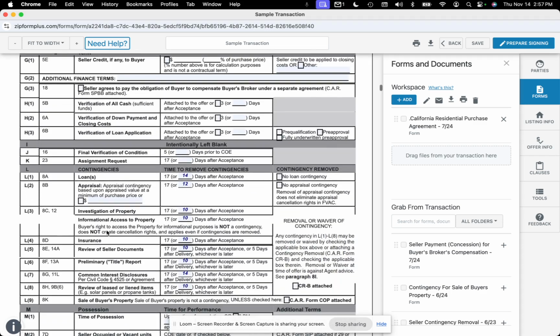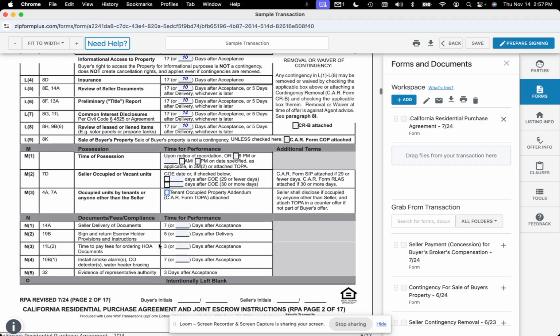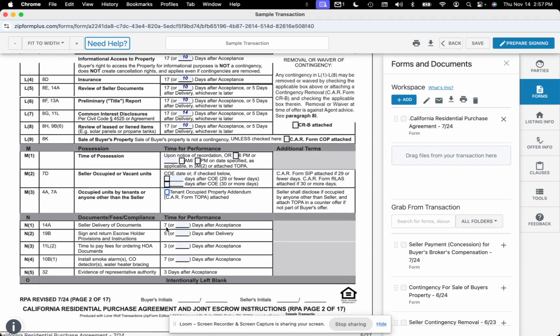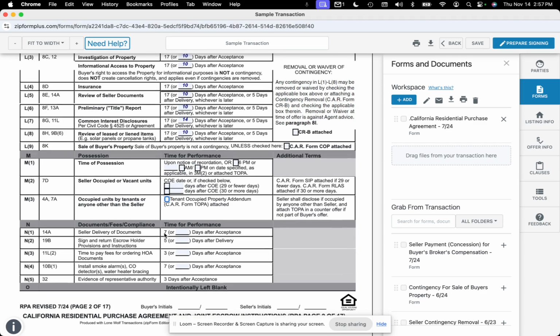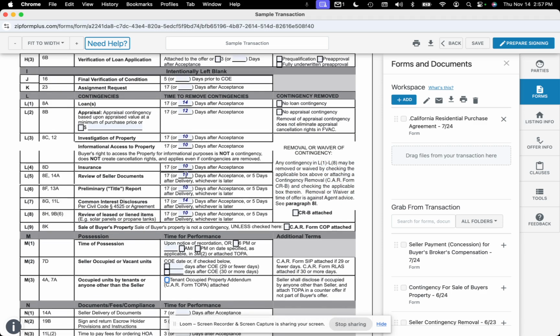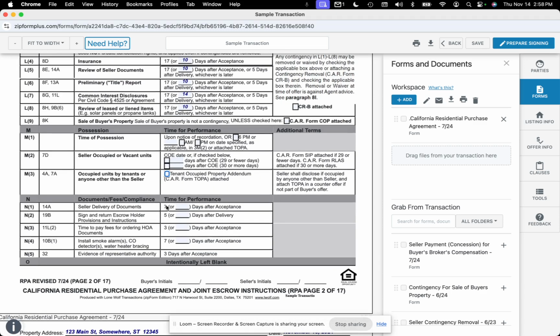We discussed that. The review of seller documents, you have 10 days to review it. Well, if they're only going to provide it in 7 days, it's going to make it tough. Now, keep in mind, you actually have 5 days from the date of the last delivery of the document before your contingencies are due. So if they gave it to you on day 7, you actually now get 12 days for this contingency. Okay, but I usually make this 3.